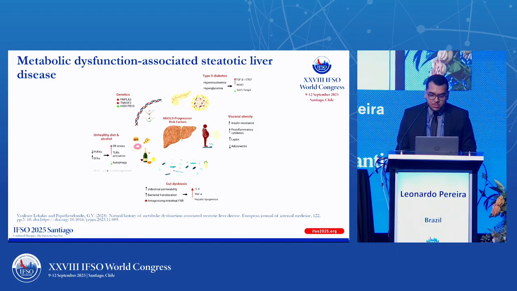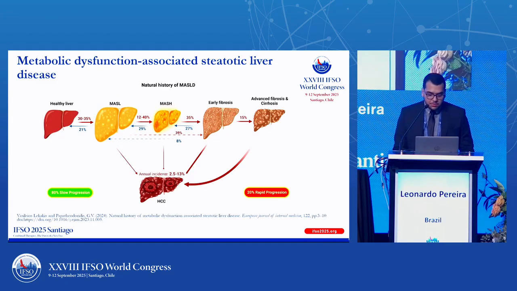Visceral obesity and type 2 diabetes are central. Many patients also have a pro-inflammatory state and unhealthy diet. And genetic factors related to metabolism can promote liver steatosis and fibrosis. So, the pathology of this disease matches the patients we evaluate every day before metabolic bariatric surgery.